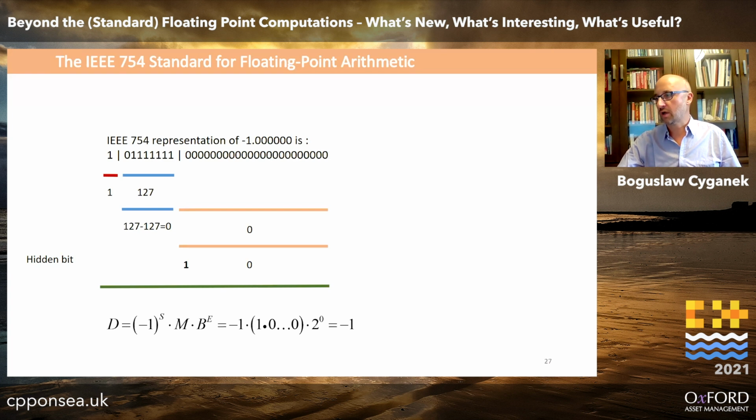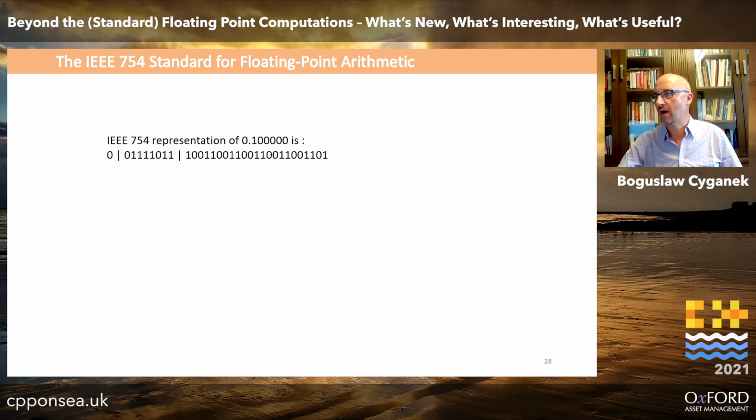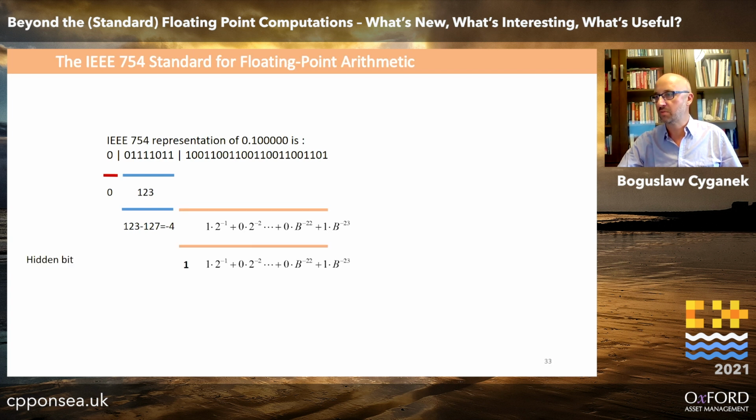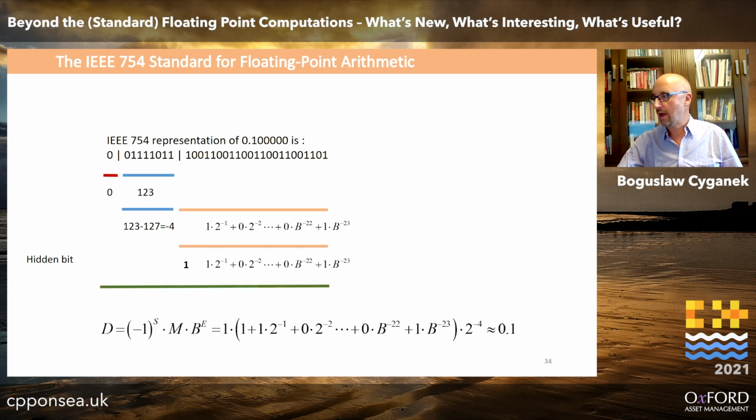So altogether they make the value of -1. 0.1, for example, cannot be represented exactly. So we have an approximation here. The exponent is 123. The mantissa is with these bits. We add the hidden bit to the front, and then we have this approximation.